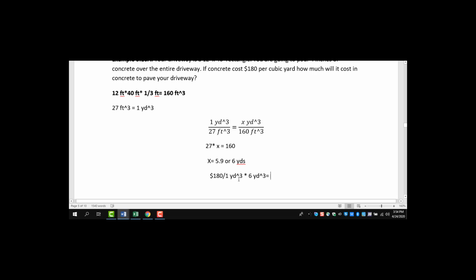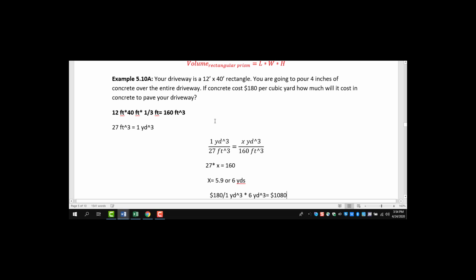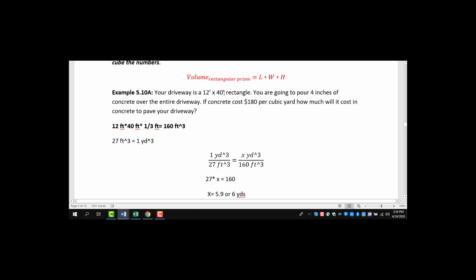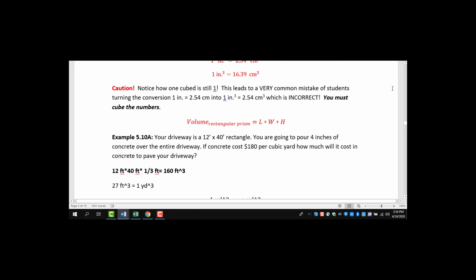So the yards cancel, and I'm left with dollars. So this is the cost. It's 6 times 180, or $1,080. So that's really a good problem. It kind of puts together different things.